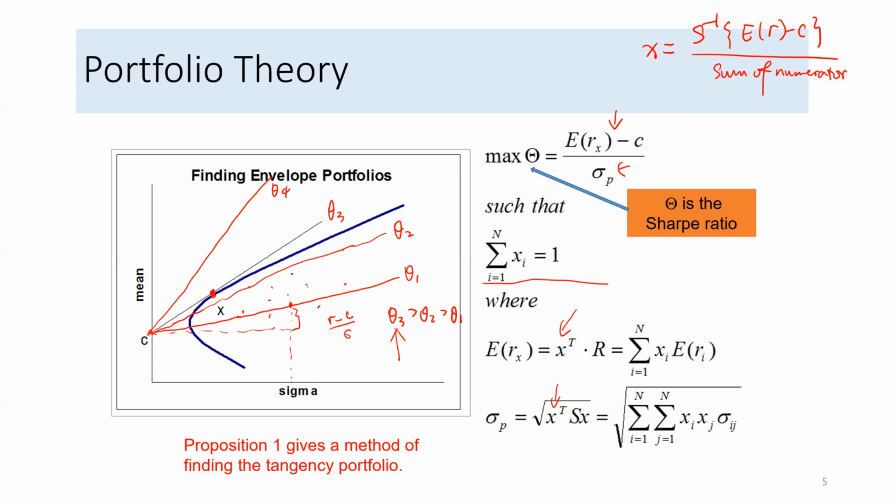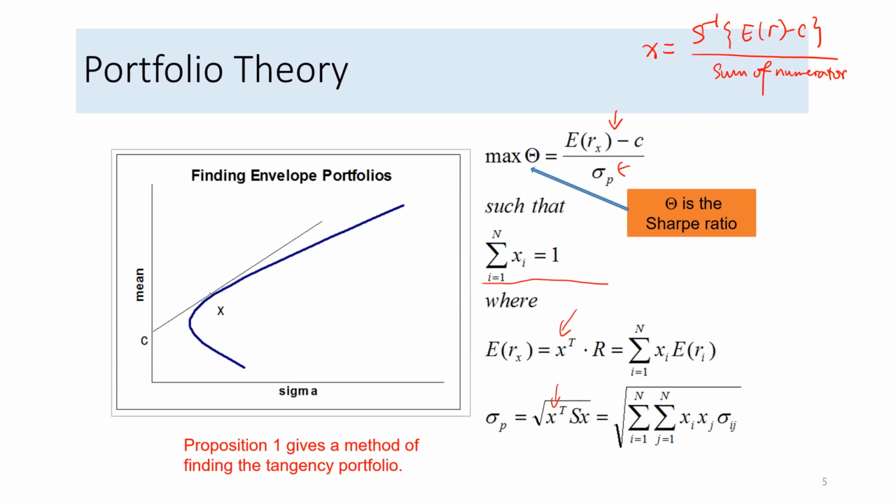Now we can change the C. The current C is here, and we can have a new C, and its tangency portfolio will be here. So therefore, we'll find a portfolio. Let's say this is portfolio 1, and we'll find portfolio 2. Okay, and we can have another C here, and the tangency portfolio is here.